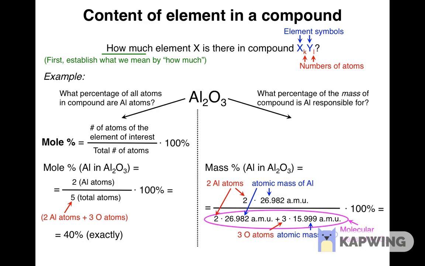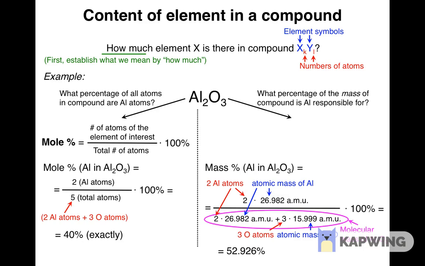So 53.964 atomic mass units divided by 101.961 atomic mass units and multiplied by 100%, which gives us 52.926%. In any sample of aluminum oxide, aluminum atoms are responsible for 52.926% of the total mass of the sample.